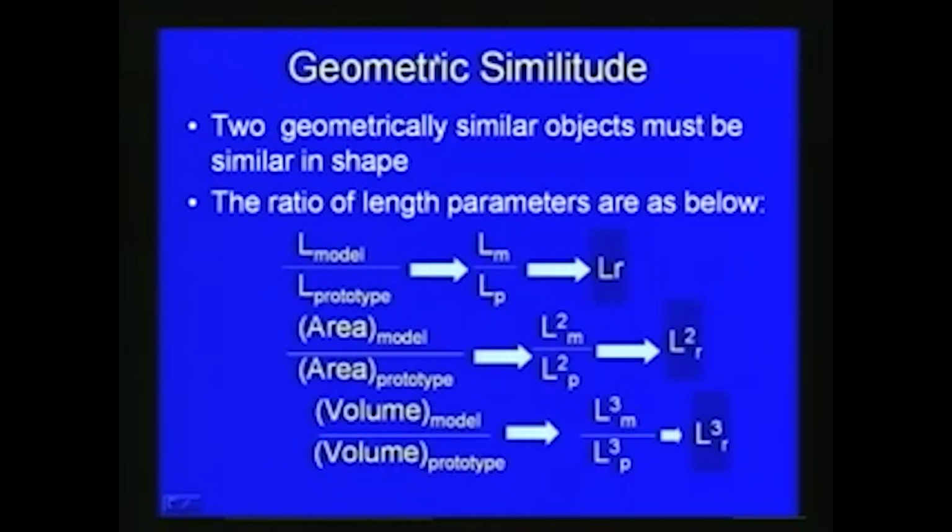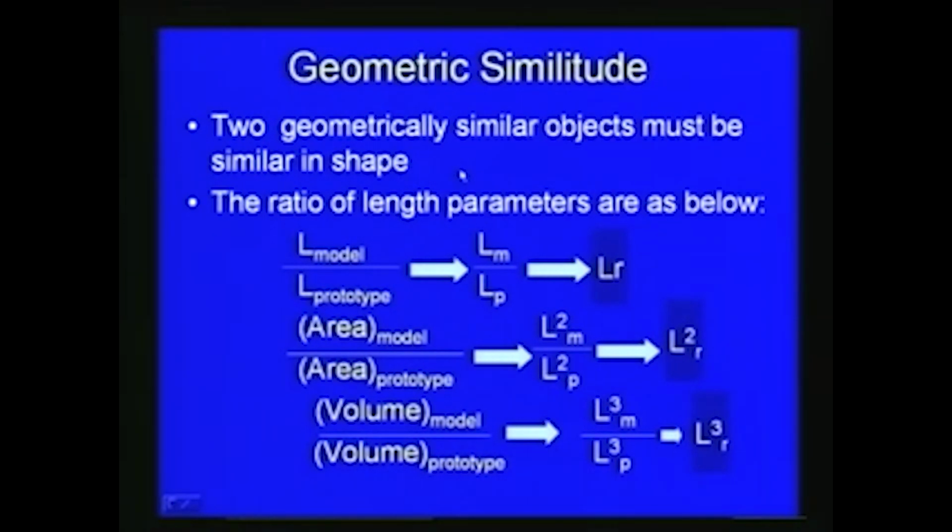Now we will go into some more detailed aspects of these various similitude. The first one is the geometric similitude. Here you can see that two geometrically similar objects must be similar in shape.